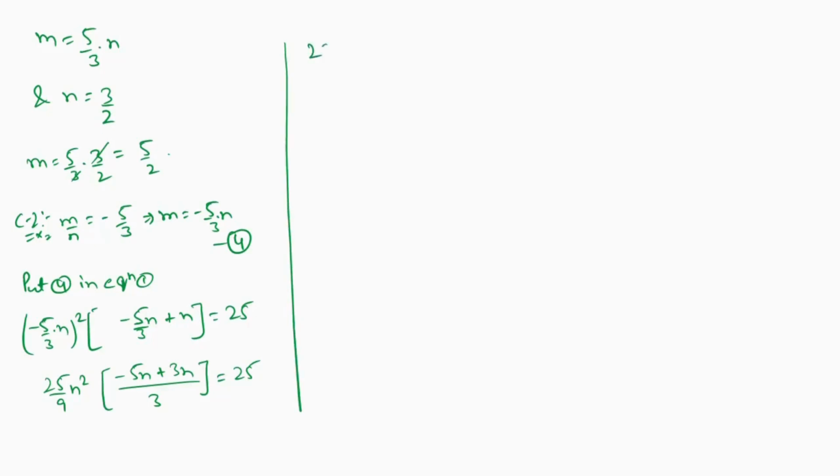On solving this we get 25 by 9 times n square times minus 2n divided by 3 equals 25. 25 and 25 will cancel out, so we get minus n cube times 2 divided by 27 equals 1. On cross multiplication we get n cube equals minus 27 by 2.